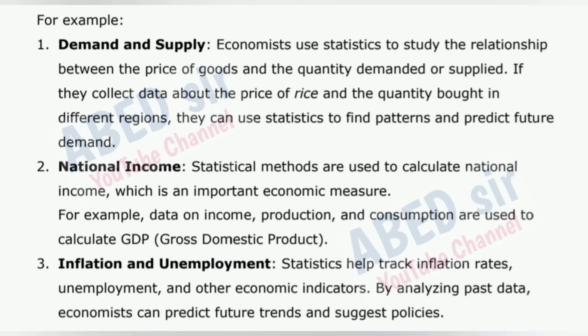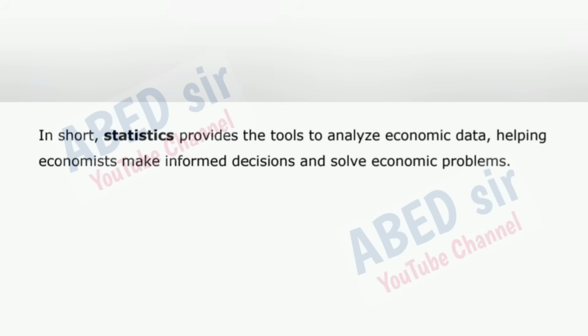Statistics help track inflation rates, unemployment, and other economic indicators. By analyzing past data, economists can predict future trends and suggest policies. In short, statistics provides the tools to analyze economic data, helping economists make informed decisions and solve economic problems.